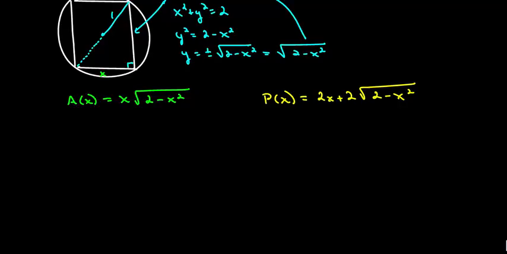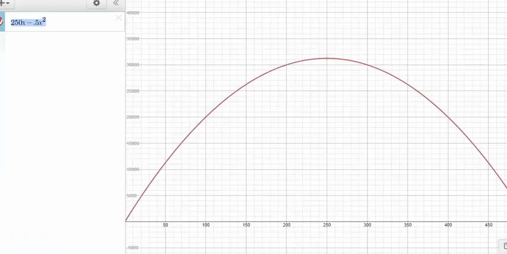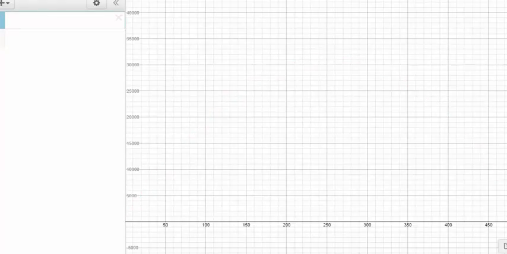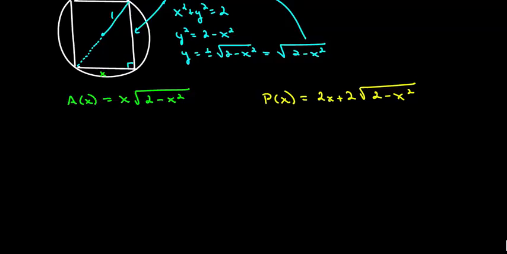So now let's go ahead and take a look at those two different functions in terms of x. Well, we can look at them graphically, which I think is not a bad idea to do. So let me rotate my computer around here. Okay, so let's go ahead and delete that guy out. So let's look at the area. It's x times the square root of 2 minus x squared.